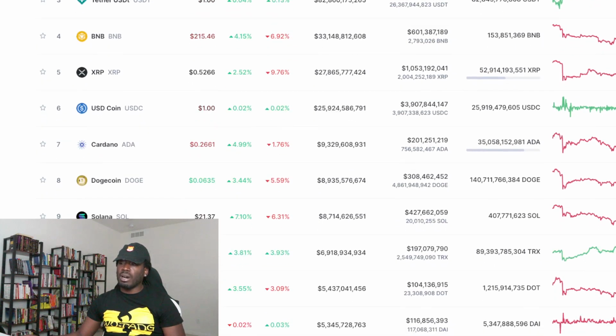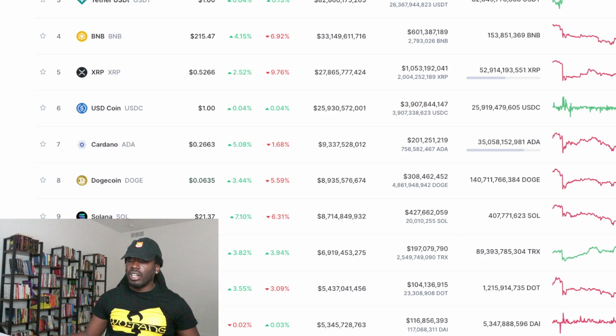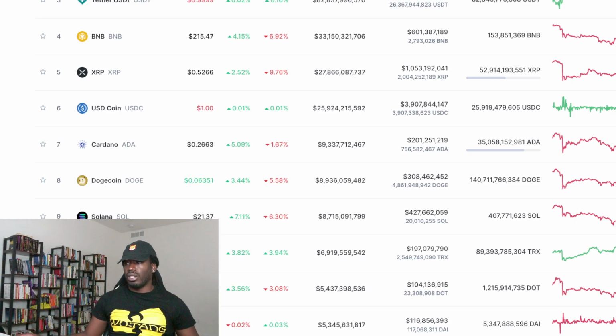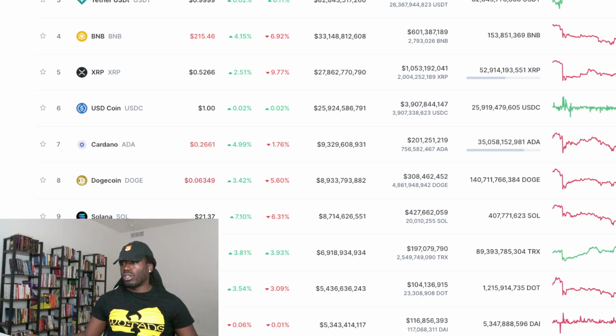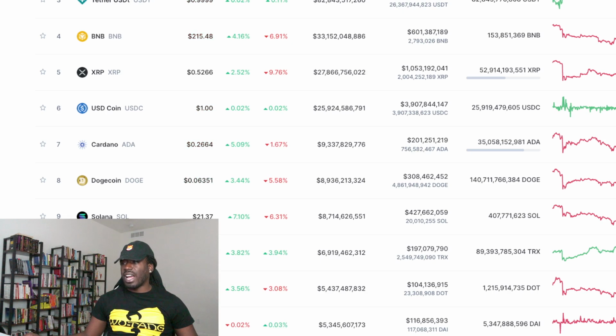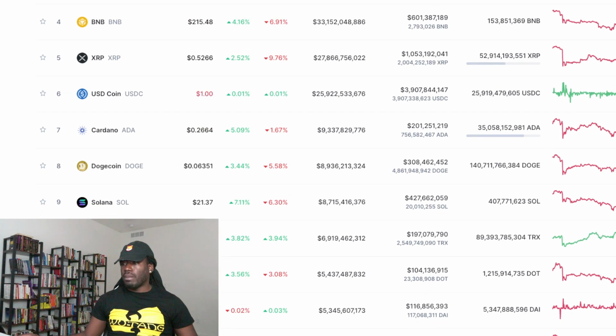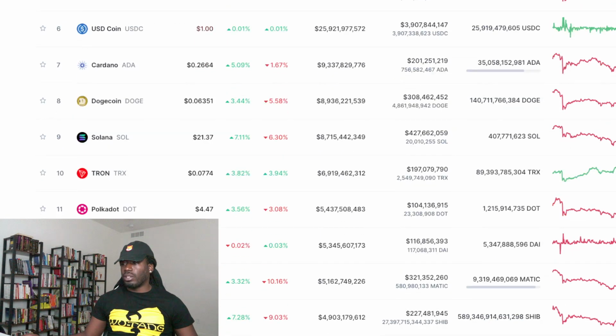This is why I say buy when there's blood in the streets, because when you buy when the price is down and the price ends up flipping, you're in the green nicely. And if you buy when it's in the green and the price flips, now you're in the red. So Cardano 26 cents, Doge at 6 cents, Solana 21.37, Tron at 7 cents, Dot at 4.47, Polygon Matic at 55 cents, and Shiba Inu reclaiming that 14th place by market cap at 50832 right now.